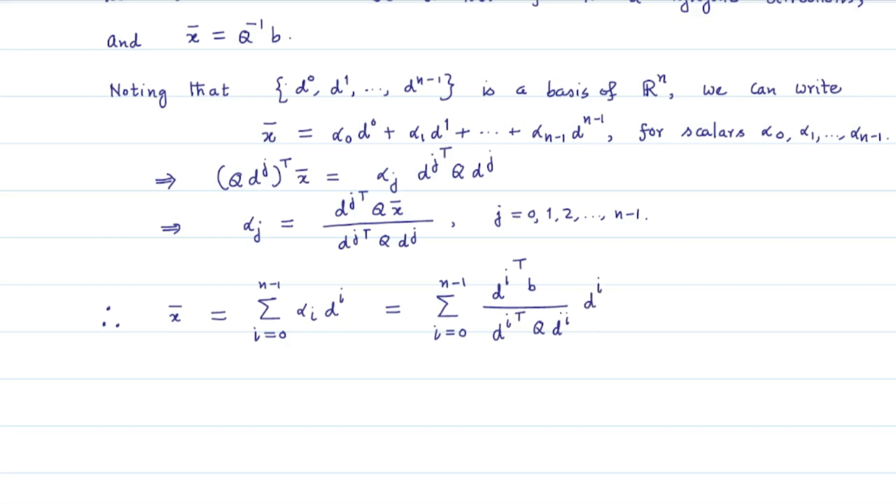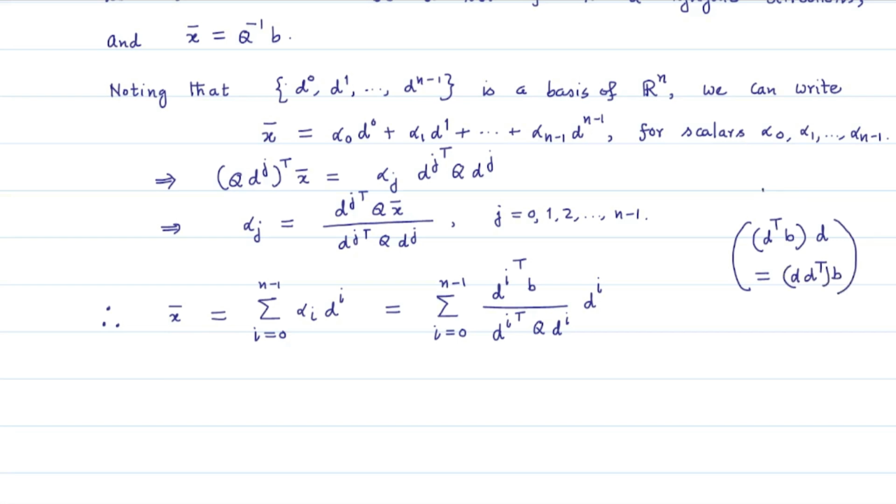Now here this term in the denominator is a scalar and the numerator is a term of the form a vector transpose another vector b times the vector d, which can be written as d transpose b. You please cross check this calculation.